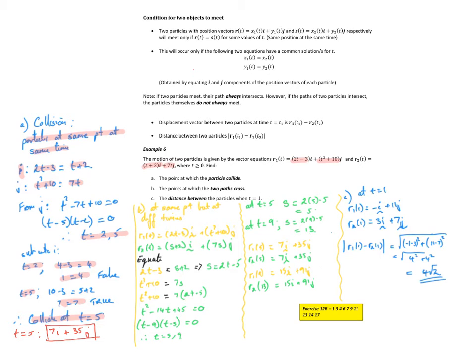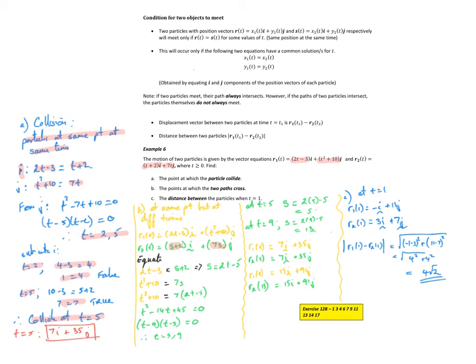All right. Now, let's consider where the paths cross. The paths crossing means that the i and j components will be equal, but they might be equal at different times. So we still want to equate the i and j components, but for different times. Because we need that to be true for different times, I'm going to introduce a different time for my r2 particle.